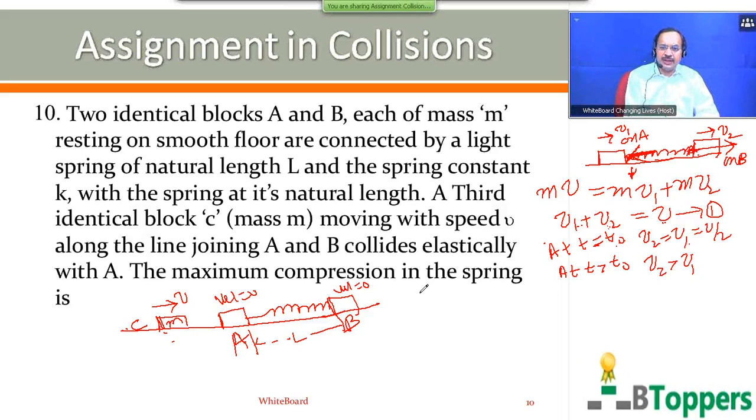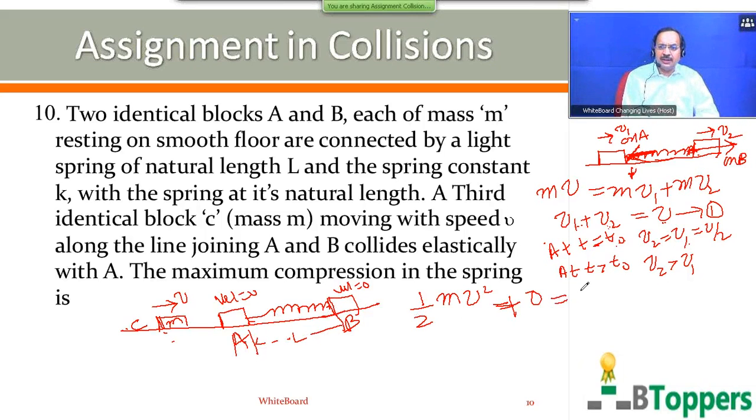So, the kinetic energy of the system just after block C collides with A is equal to half m v square, and the elastic potential energy stored in the spring at that instant is 0 because the spring has its natural length L originally.